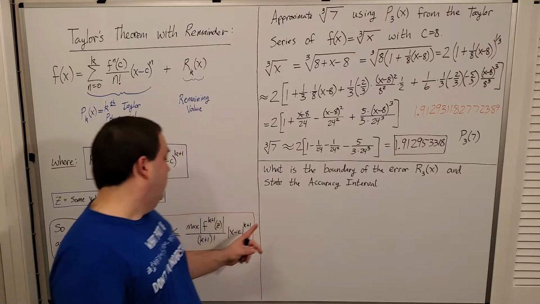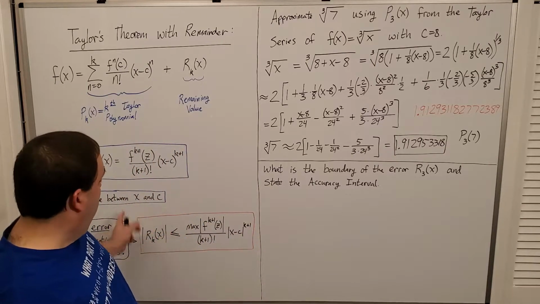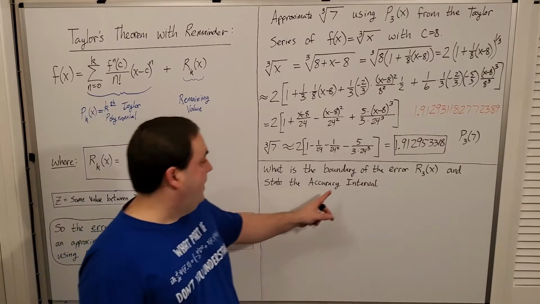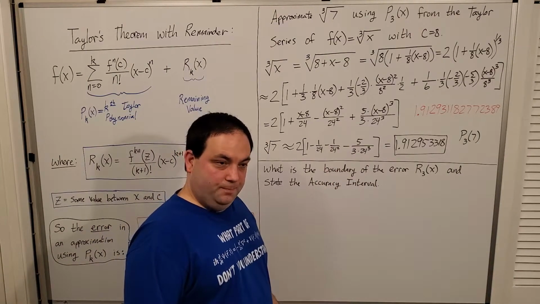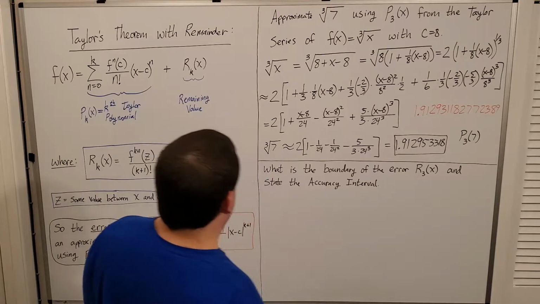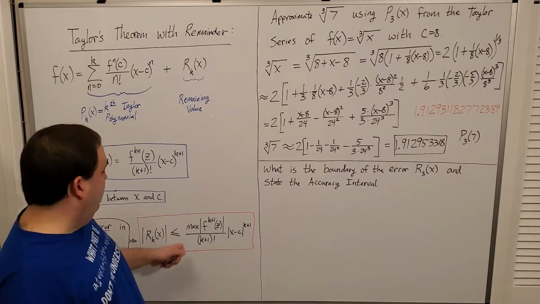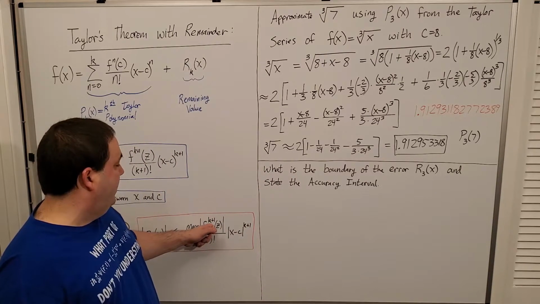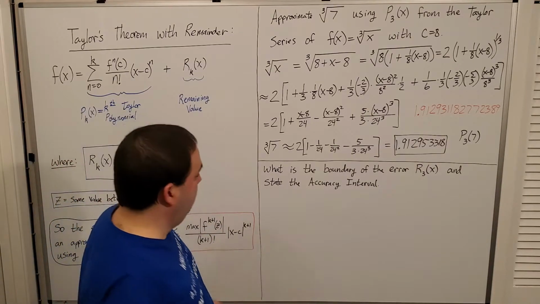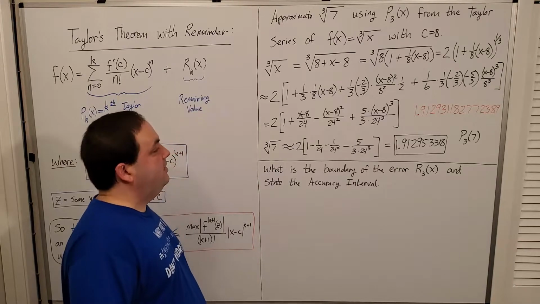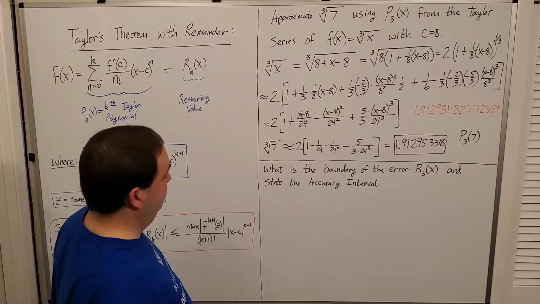Okay, so now let's use Taylor's theorem with remainders to talk about the boundary of the error and state the accuracy interval. Okay, so my error is going to be based on the maximum value of the k+1 derivative of our function, right? So that means I need to find that derivative first.